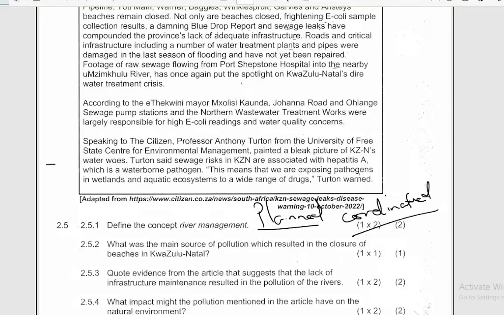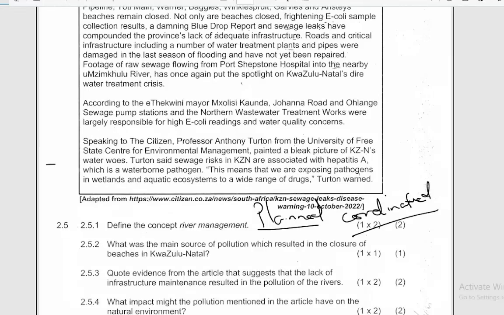So it's a planned and coordinated action which is taken to manage and regulate the use of rivers or use of river resources and protecting the river ecosystems and the surrounding environment. Our target is we want to protect the river resources, the river ecosystem, and the surrounding environment on the river. But how? We have to plan for it and coordinate it, work together.